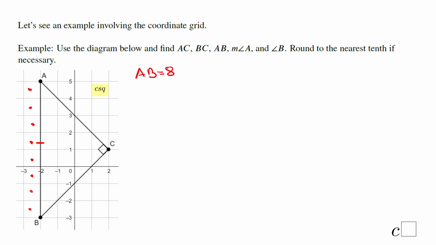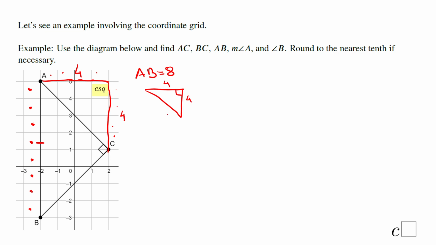Now let's find AC. For AC, we can draw this right triangle. Again, we're going to count 1, 2, 3, 4. This is 4. This is 4. We have a right triangle for which the legs, the a and b, are 4.